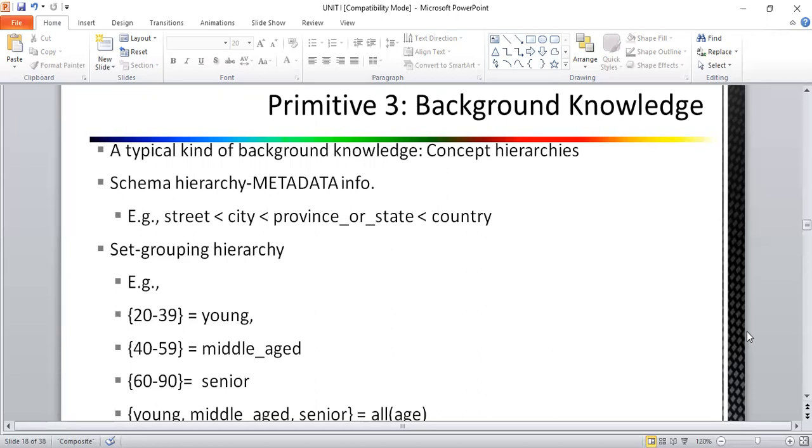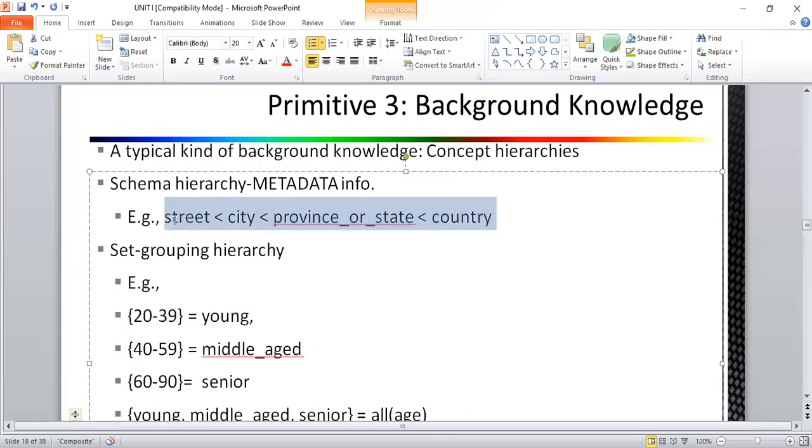You can imagine it as shown over here: street, city, province or state, and country. This goes from the low level of street, that means your particular address, to the higher level of country. If I want to represent information about locations, it starts with all the countries, and the next level will be the countries like USA, India, Canada.